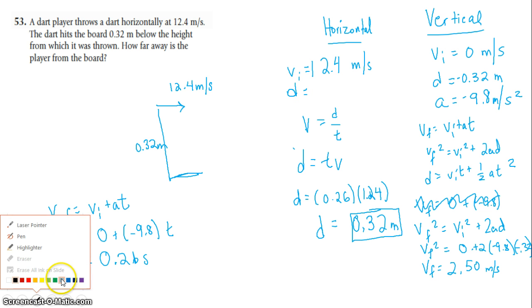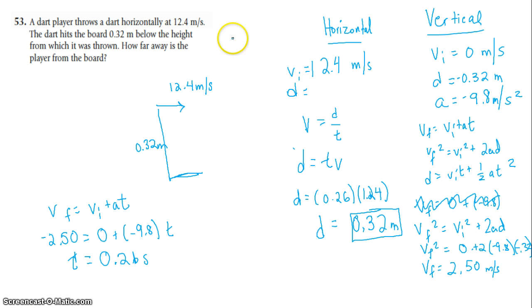And once we multiply 0.26 by 12.4, we're going to end up with a distance of 3.2 meters, meaning he's standing about 3.2 meters away from the dartboard.